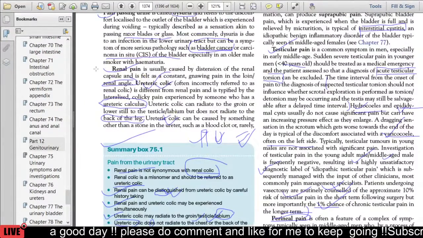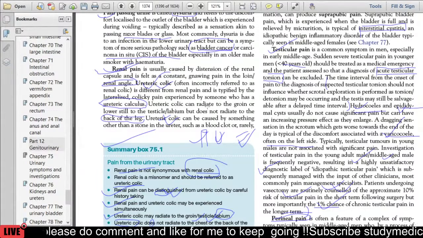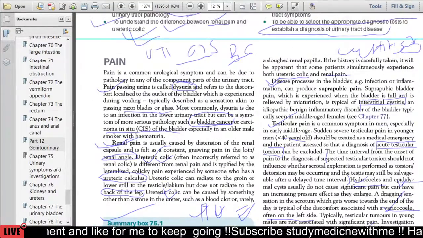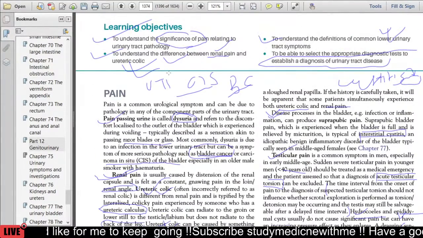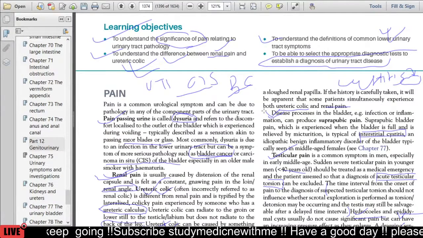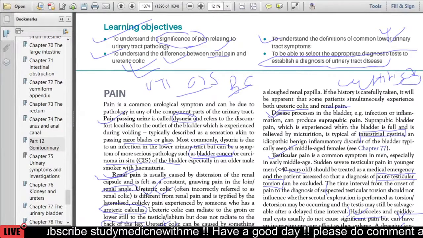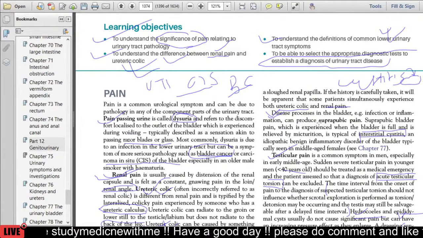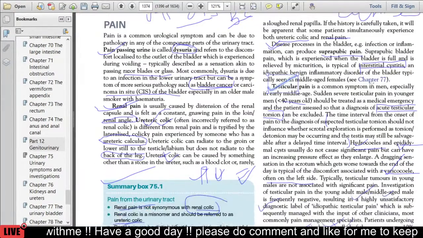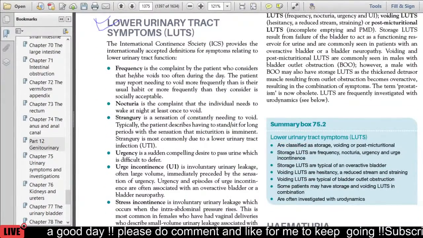We also talked about the causes of haematuria other than lower urinary tract infections, and we talked about testicular pain. That's all. So let's talk about the lower urinary tract symptoms.